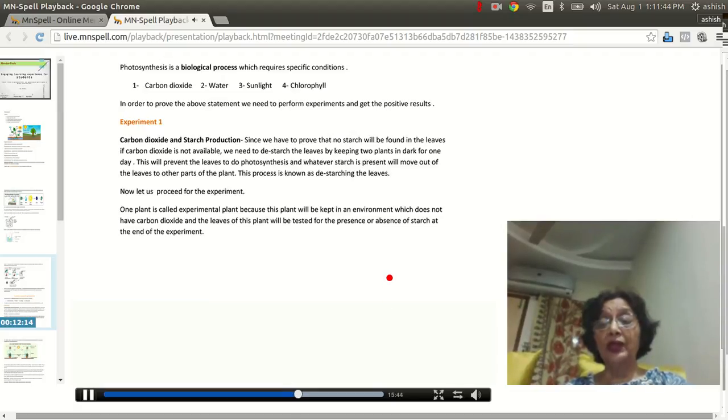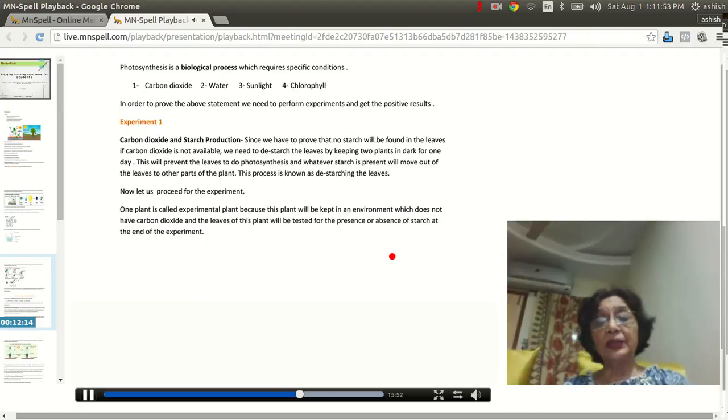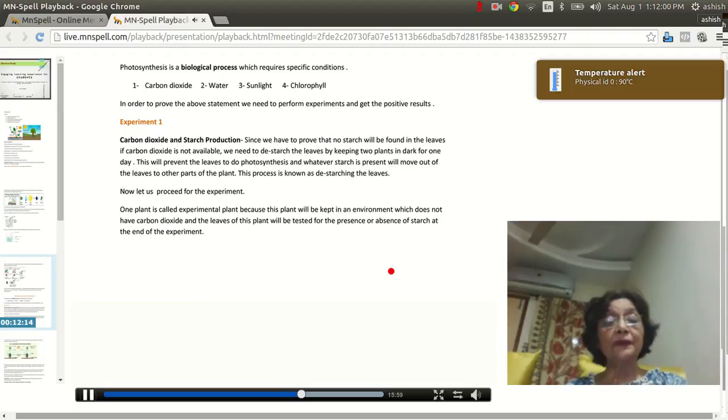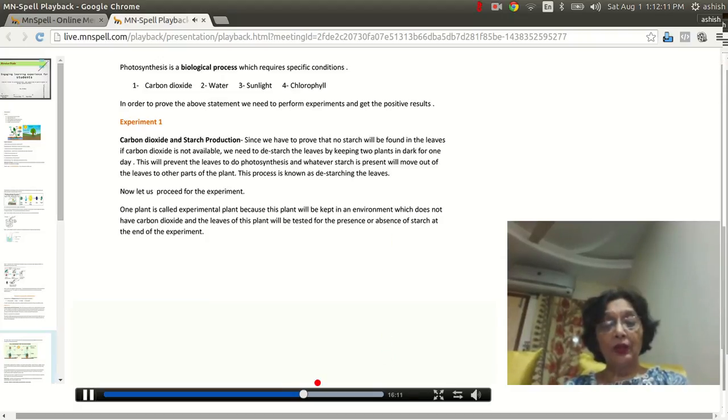You will be wondering what I am going to do with 2 plants. One plant is called the experimental plant because this plant will be kept in an environment which does not have carbon dioxide, and the leaves of this plant will be tested for the presence or absence of starch at the end of the experiment.